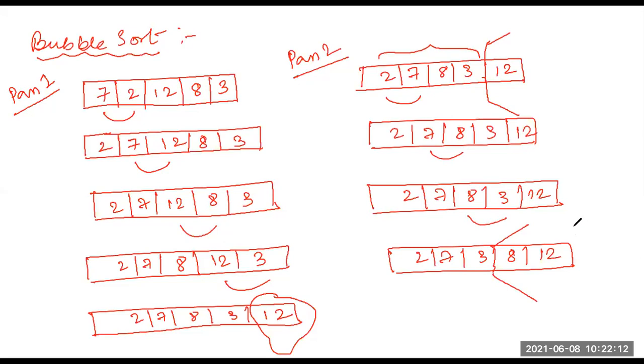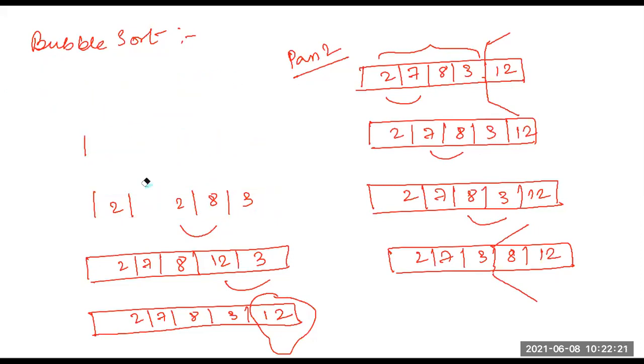So now there will be pass 3. For pass 3, I will only focus on these elements because the last two elements are sorted.